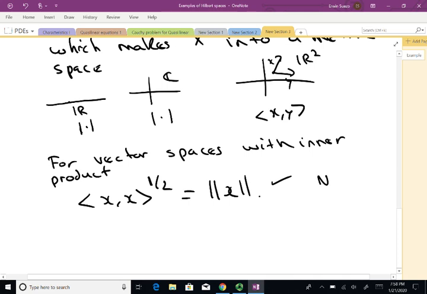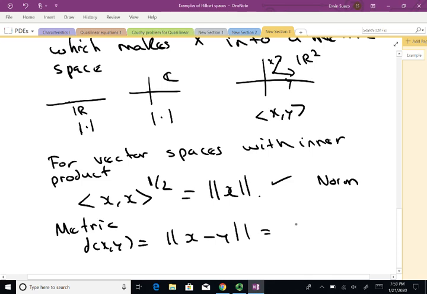So you make a norm, then you have a metric. Metric is distance. The distance of x and y is going to be the norm of x minus y, so basically the square root of the inner product of x minus y with itself.